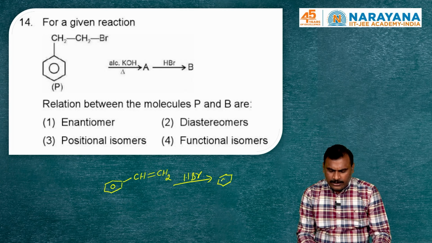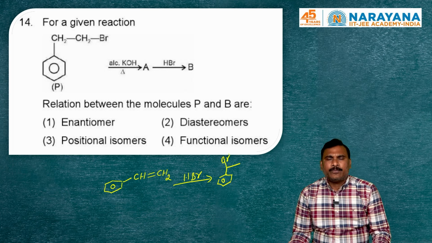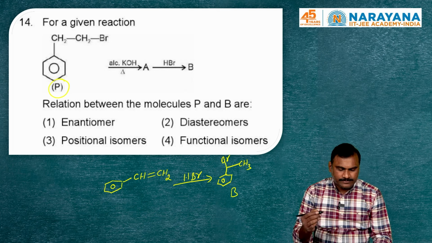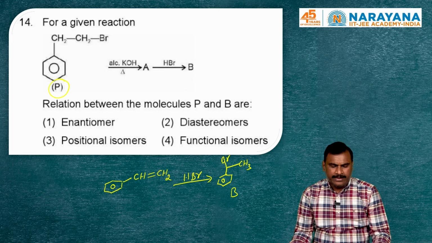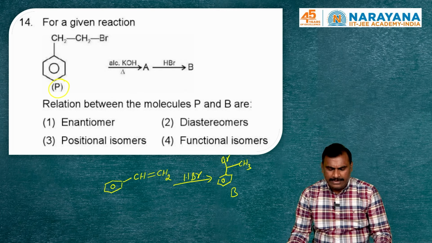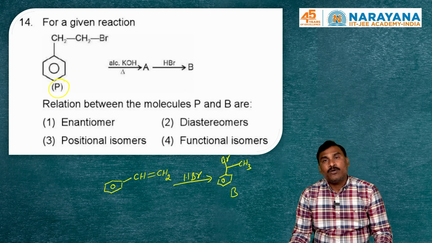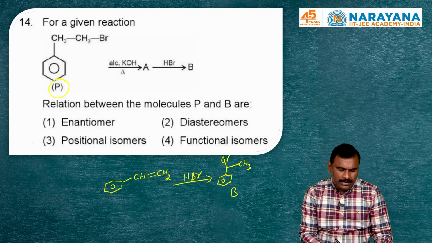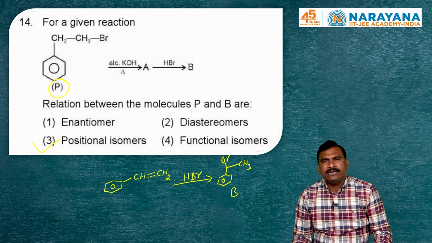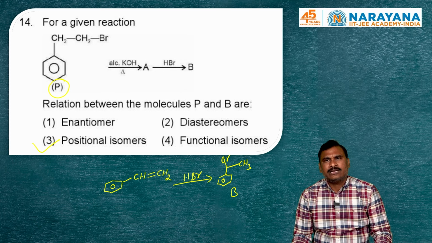According to that, the negative part of the addendum goes to the more substituted carbon, the more stable carbocation. So it should be like this. This is B. Already given is P. So what is the relation between P and B? P is 1-bromo-2-phenyl ethane and B is 1-bromo-1-phenyl ethane. These two are positional isomers of each other. Only the position of the substituent is different. That's how we can call them positional isomers.